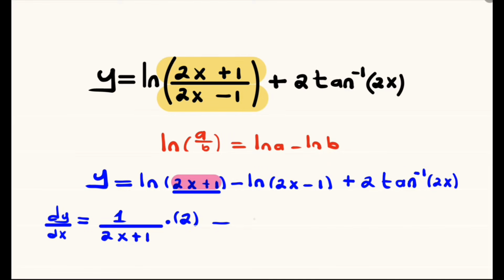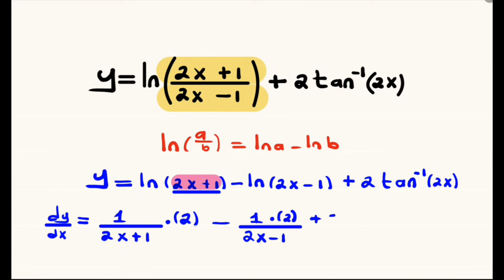Minus the derivative of the ln of 2x minus 1, which is equal to 1 divided by the function inside the ln, the 2x minus 1, multiplied by the derivative of the function inside the ln. The derivative of the 2x is equal to 2 and the derivative of the negative 1 is equal to 0.